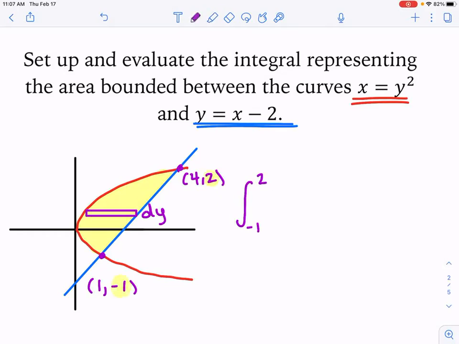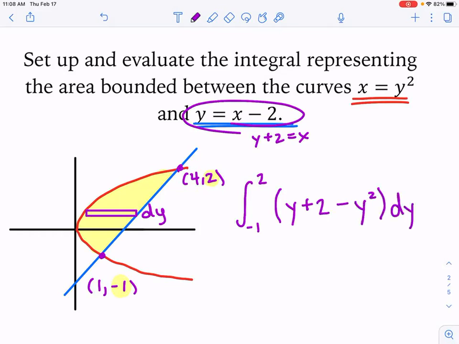Okay, now we need the right function. Our right function is, ooh, but we can't write x minus 2 in there. We need to rearrange this to be y plus 2 equals x. We need to solve for x so that we have y's to throw in there.